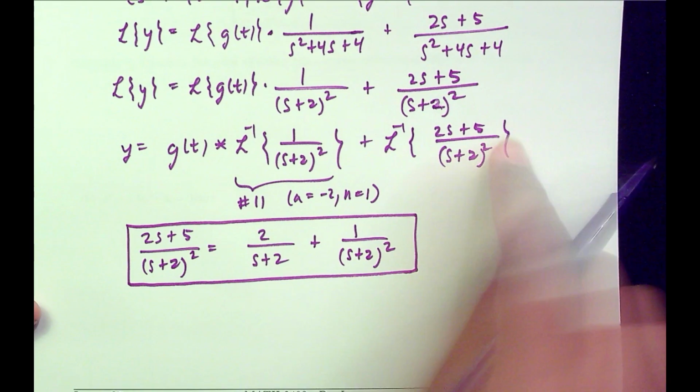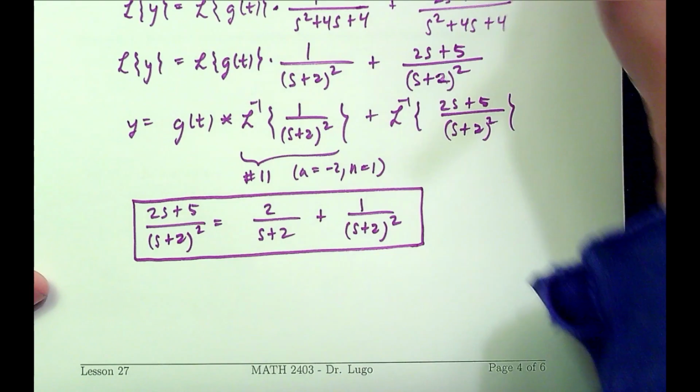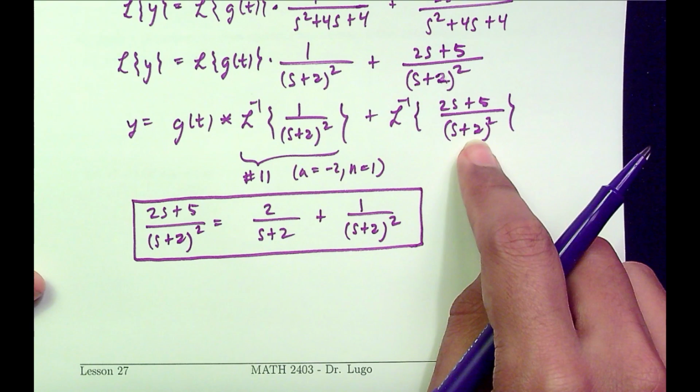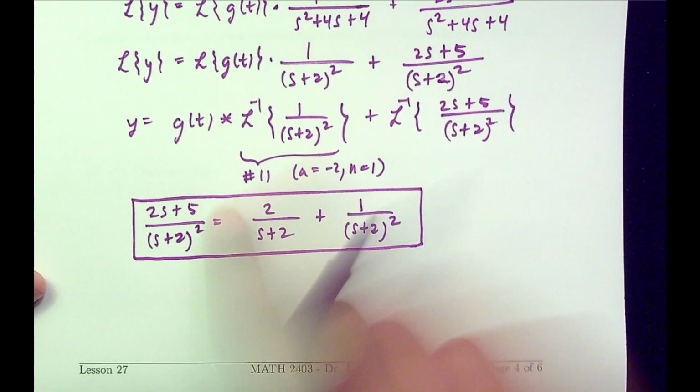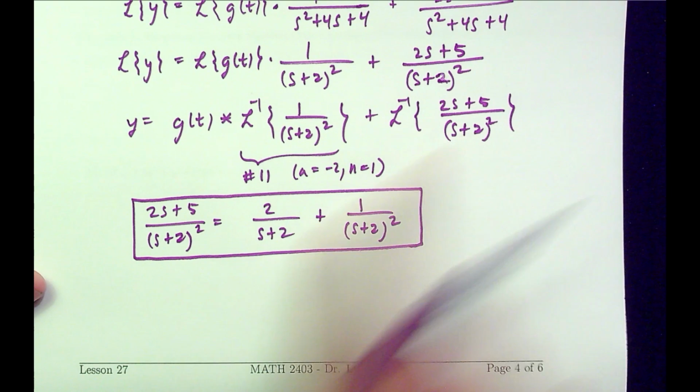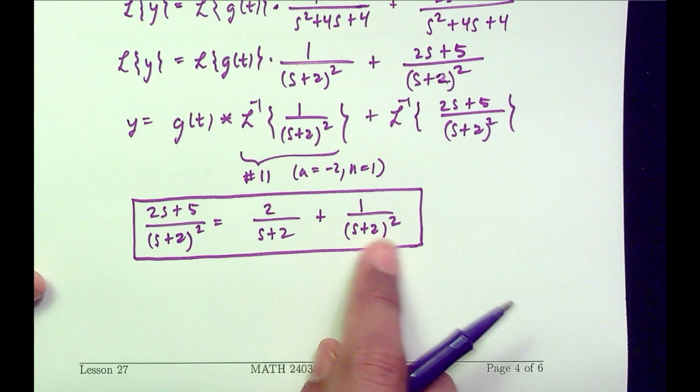Okay, so that is the partial fraction decomposition for that. So that means to find the Laplace inverse of this is just the Laplace inverse of that plus the Laplace inverse of this.